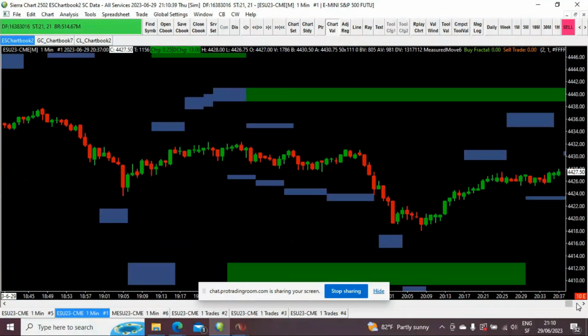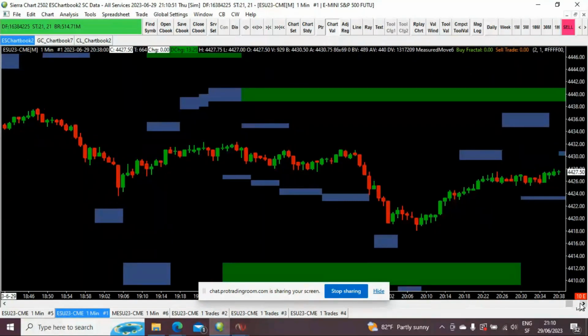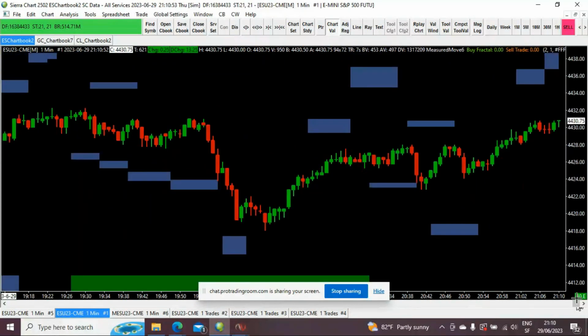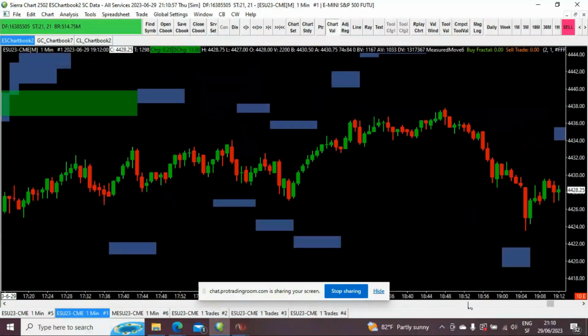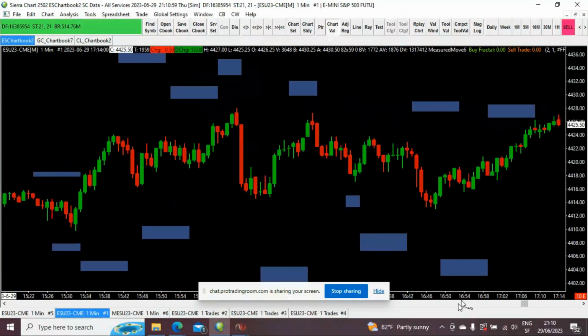And let's just explain what these are. The blue boxes are what we call minor levels, and the green boxes are macro levels. Now, there is a difference in the algorithms, the way they calculate these particular boxes and the placement of them.